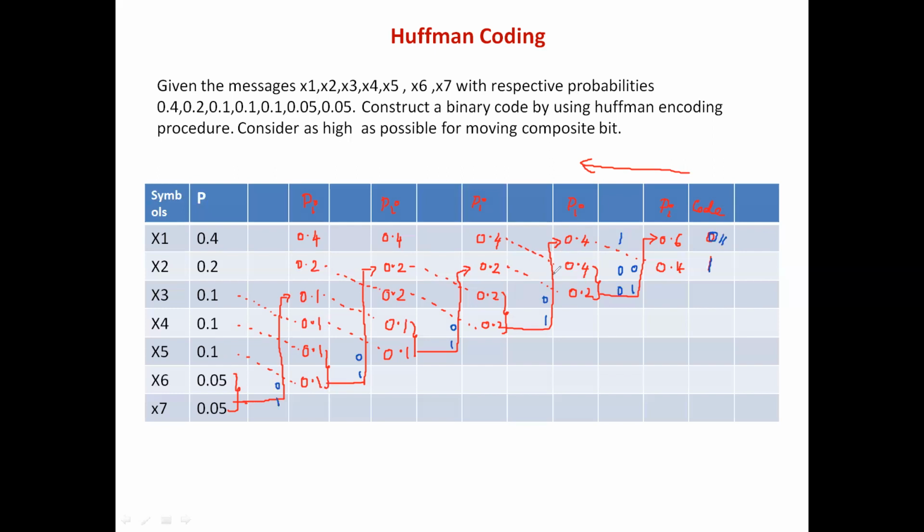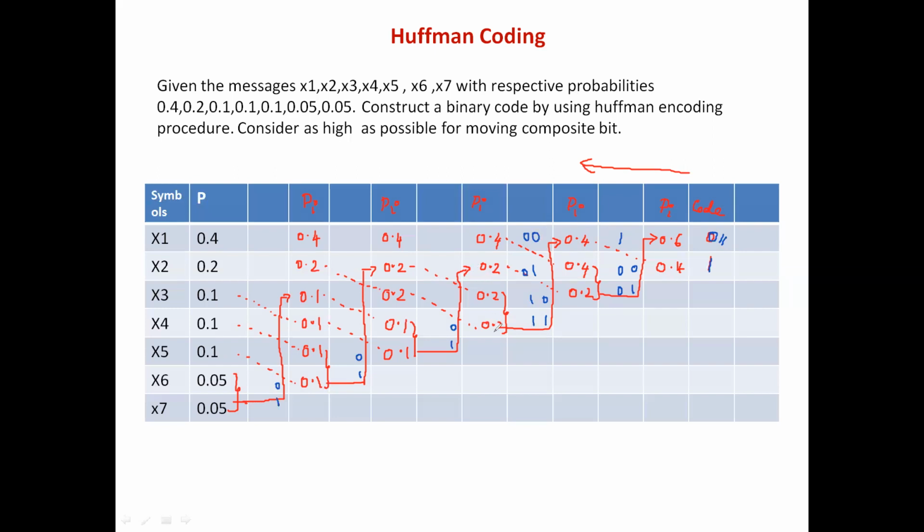What is the code of 0.4? It is 1. That 1 is given to these two probabilities. Next, this 0.2 is having the code 0, 1, so it will have the same code. 0.4 is having the code 0, 0, so this code will be retained here.